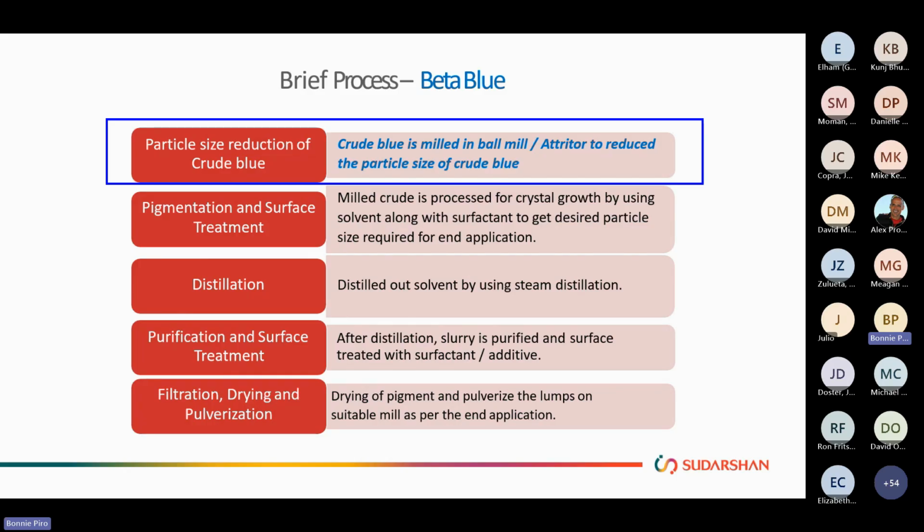Switching over to the beta, again, I mentioned that the crystal modification is all done at the very beginning with the crude blue. So unlike the alphas, the betas take that crude blue that was very large, and then they mill it down further to a smaller particle size before that final pigmentation and surface treatment is done to get the ultimate pigment.